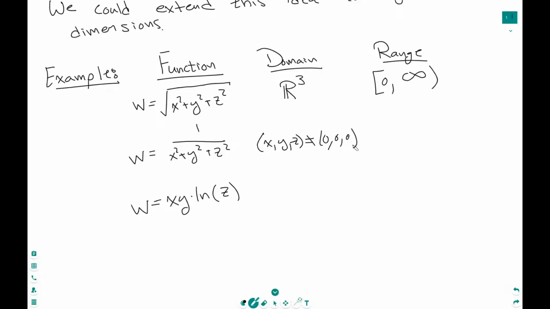For my range, well, just kind of similar to the example we had above, there's no combination that we can choose of x, y, and z to get 0. We can't manage it. So we know that 0 is not in the range. There's also no x, y, and z that I can choose to make this a negative output because they're all squared, right?